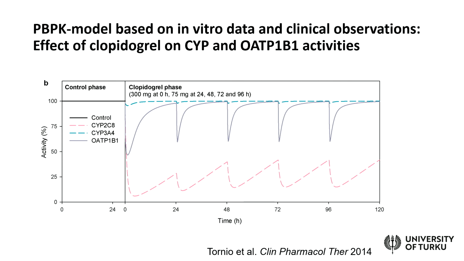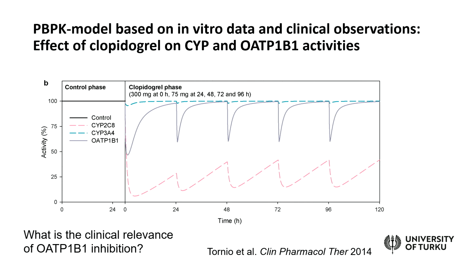So our next question: we were quite confident that yes, there is CYP2C8 inhibition at play here, but what is the clinical relevance of OATP1B1 inhibition by clopidogrel? And for that, we needed another clinical study to know for sure. We could not rely on this modeling on its own.